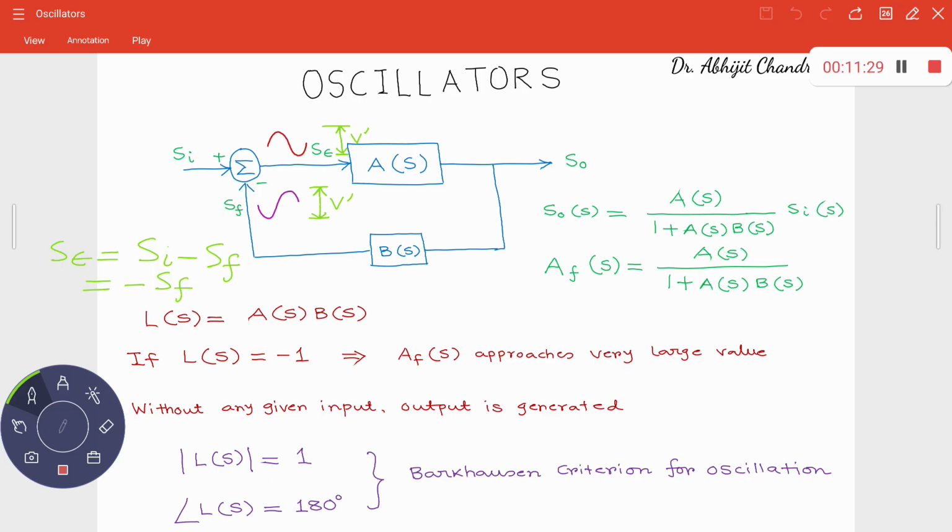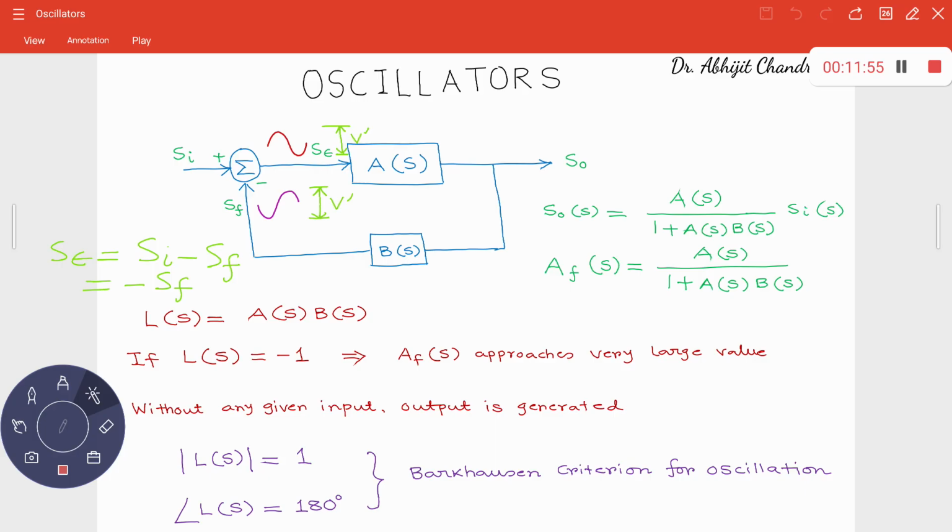So what do you expect over here? The signal at the output of this B(s) is the same signal, same magnitude, but with a 180 degree phase difference. And what will be your S epsilon then? This magenta waveform is S of f.